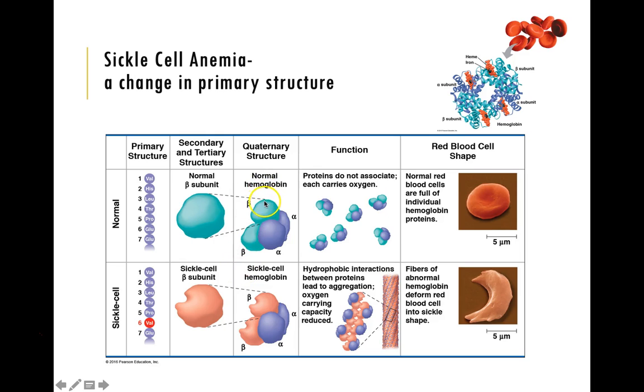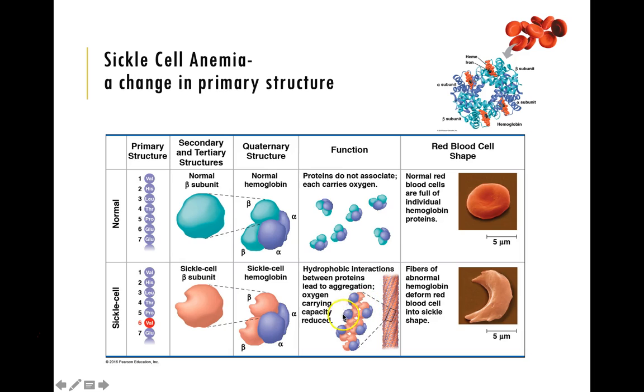So normal hemoglobin has 4 subunits. They're all nice and round, and when they are nice and round, they interact in the correct way, and they form the hemoglobin inside of the red blood cells. But instead, in sickle cell, when we have this little divot here that is caused from the change in the protein sequence, we get these misshapen subunits.